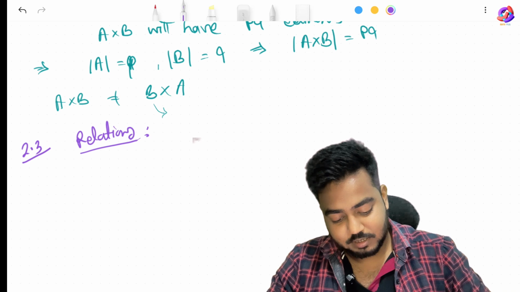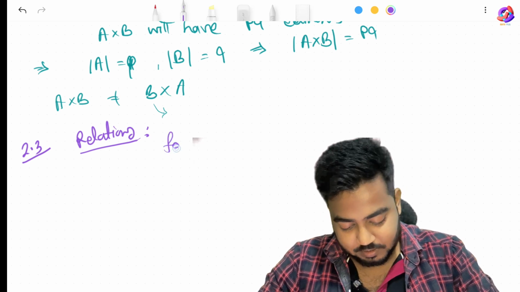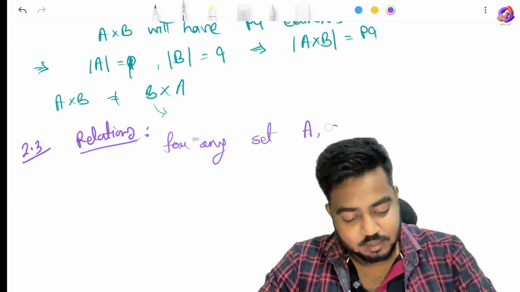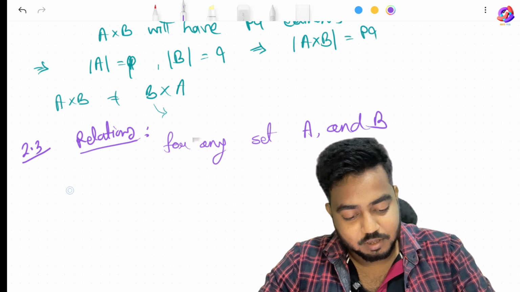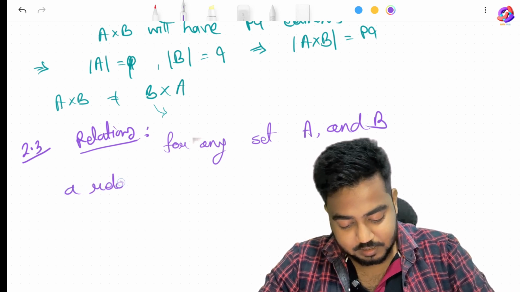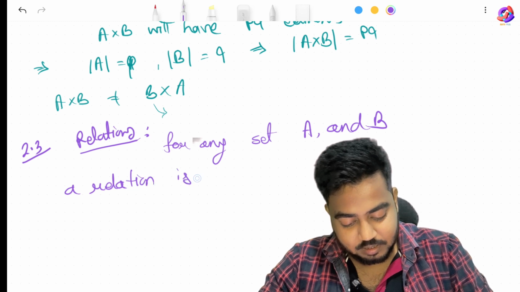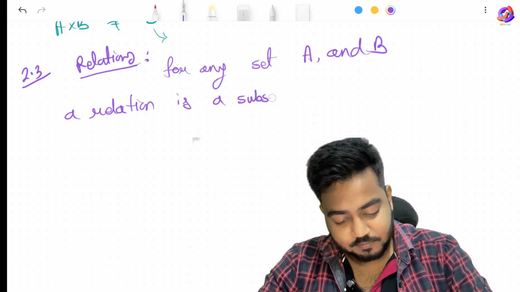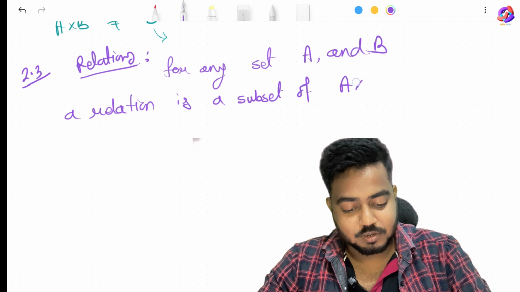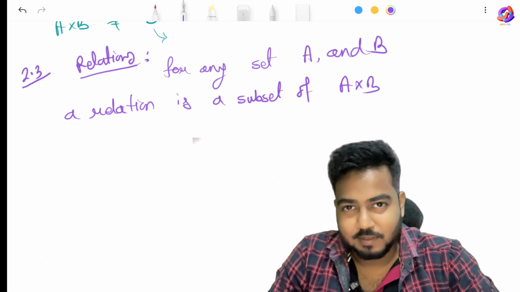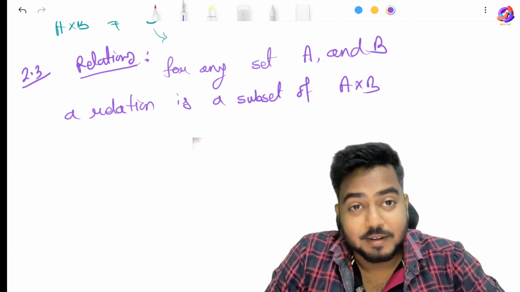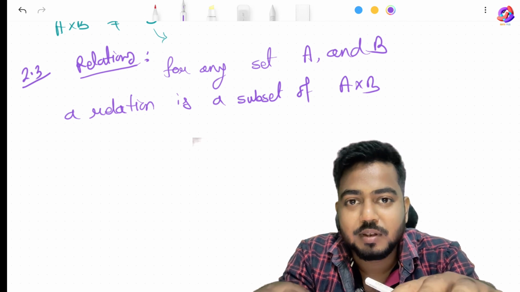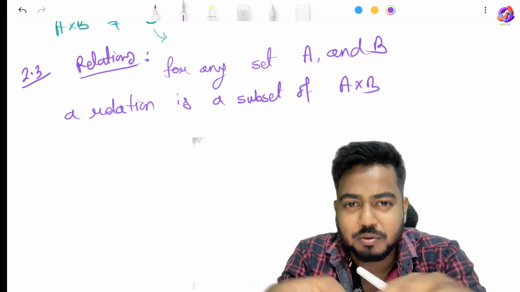What is a relation? The definition of a relation is that for any sets A and B, a relation is a subset of A cross B. We have A cross B, a Cartesian product, which has pq elements.